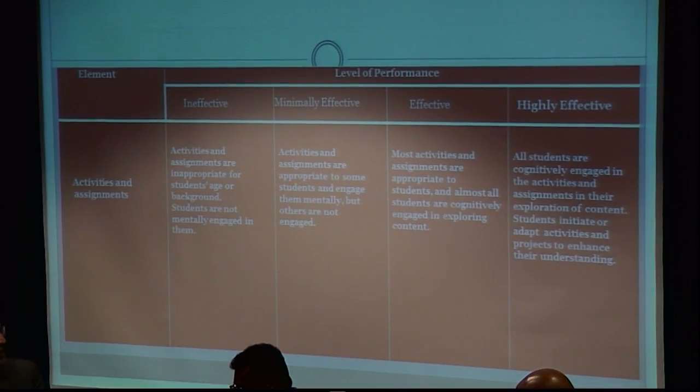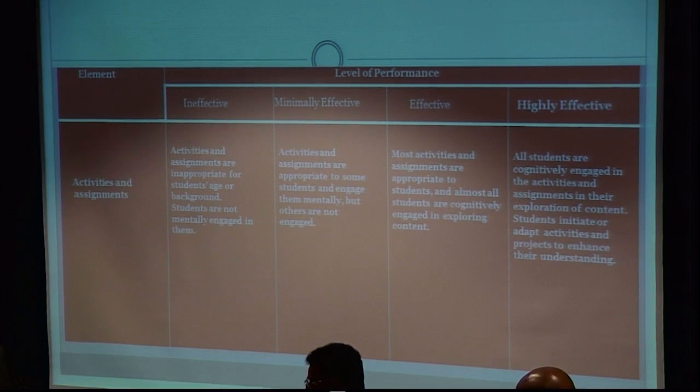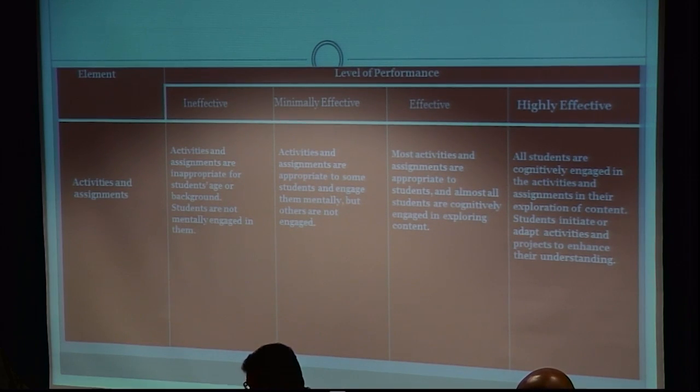So here's an example of the rubric. This is the element, activities and assignments. It spells out clearly what the different effectiveness levels are: ineffective, minimally effective, effective, and highly effective. And that provides clarity and consistency on what good practice is.